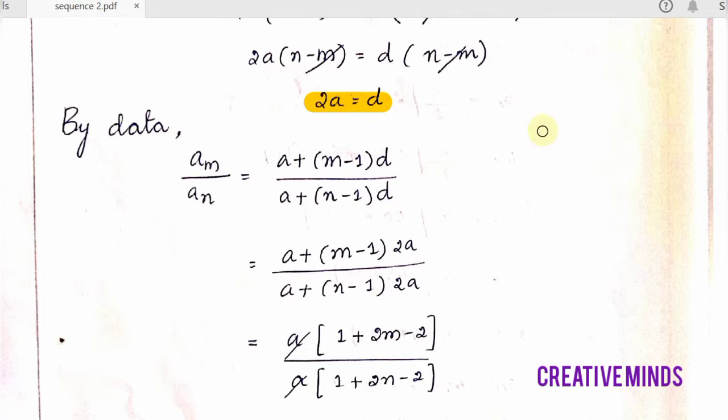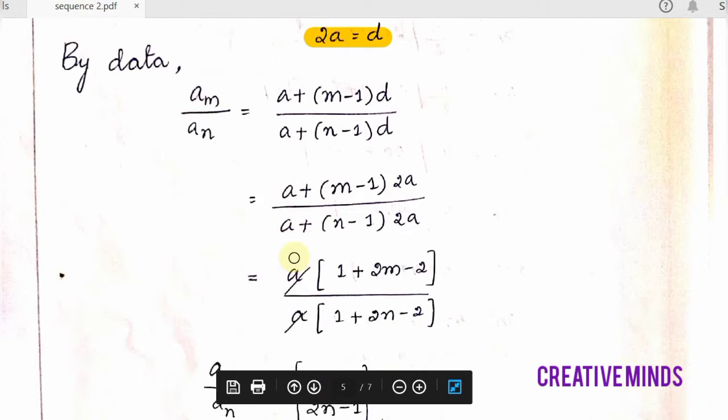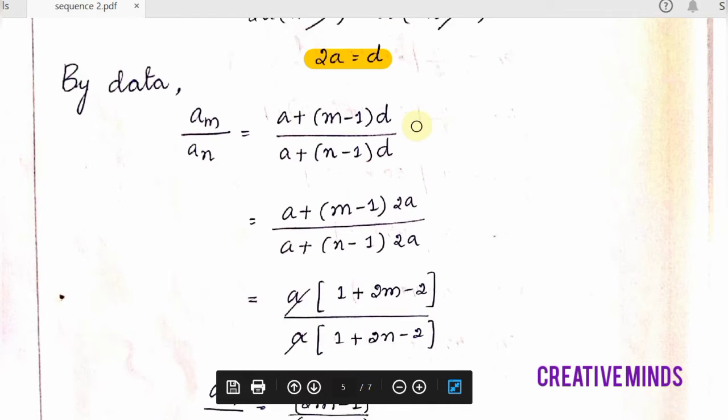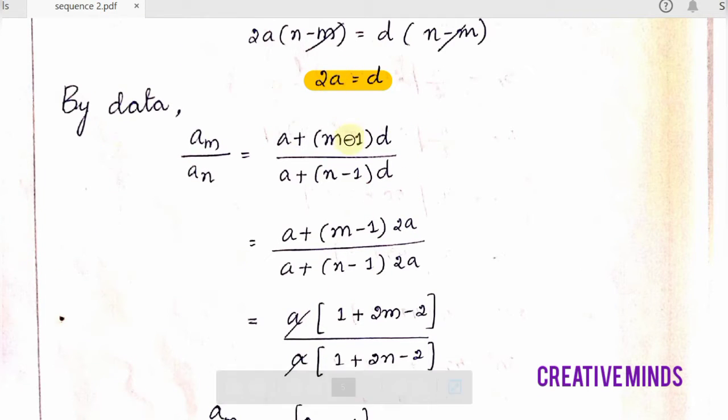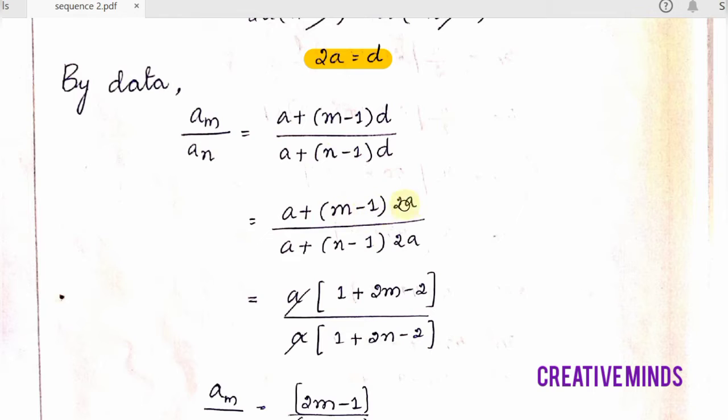We know the formula a_n is equal to a plus n minus 1 into d. So a_m is equal to a plus m minus 1 into d, and a_n is equal to a plus n minus 1 into d. In place of d, we have to put 2a. So a plus m minus 1 into 2a divided by a plus n minus 1 into 2a.